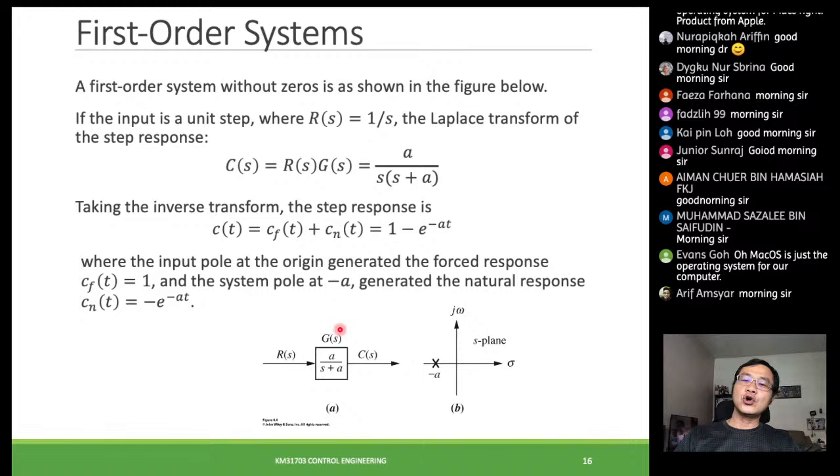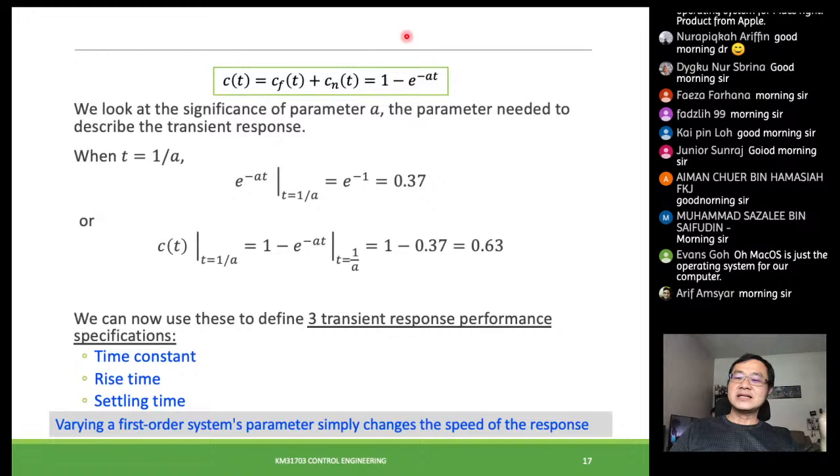Then once we have that form, then immediately we know that would be our solutions, right? Very straightforward. Okay, 1 over s multiplied by a over s plus a, and you will get these solutions. Okay, immediately, right?